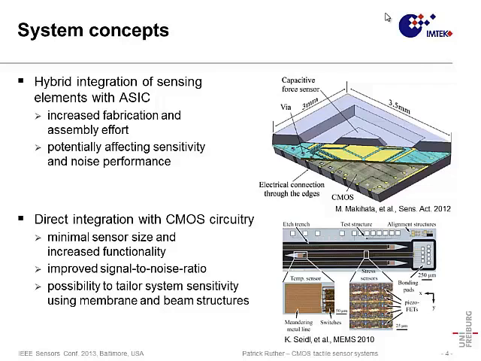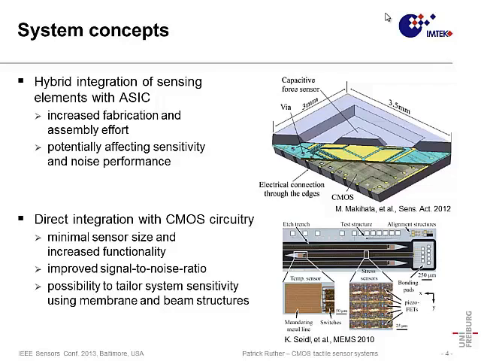Both are assembled in a hybrid way, and you can optimize either the circuitry or the sensing element, and then you have to bring them together. But this is most often accompanied by an increased fabrication and assembly effort that you have to take care of, but of course with advantages in optimizing the inbuilt components.